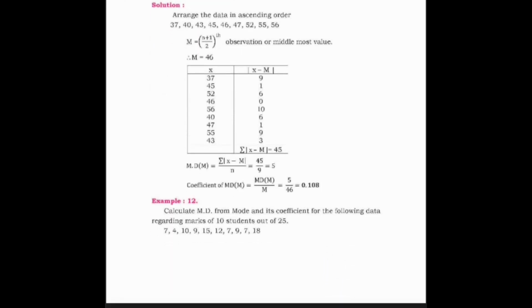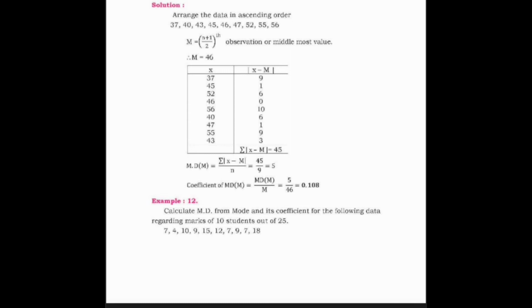The mode is the highest, the most repeated value. The most repeated value here is 7. The 7 is repeated 3 times. That's why you take the mode as z is equal to 7.